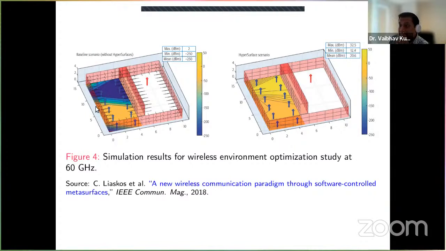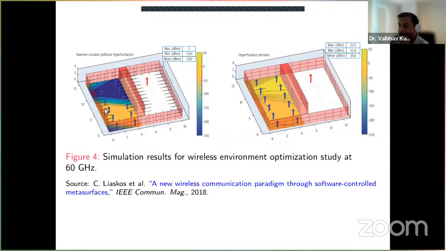On the left hand side figure, we have the traditional setting, where this is a room partitioned into two, and there is some gap, sort of like a door. On the right half, we have a transmitter, this red thing, and there are multiple receivers in the left hand side room, and we try to see what power we get at each of these receivers.